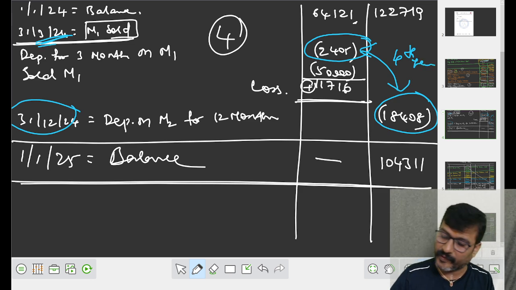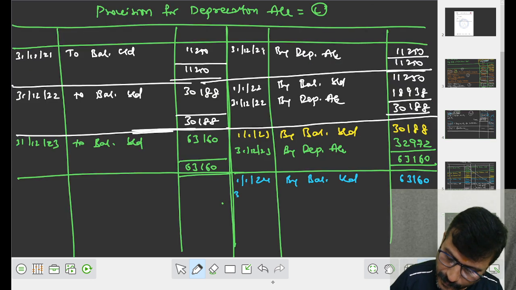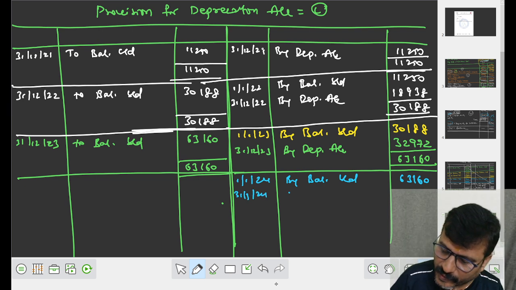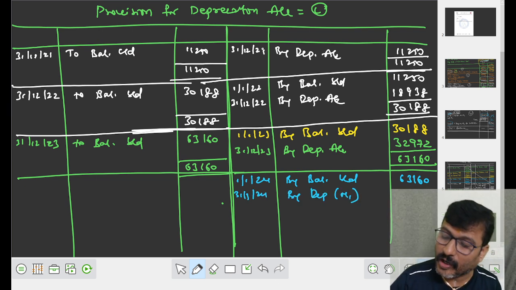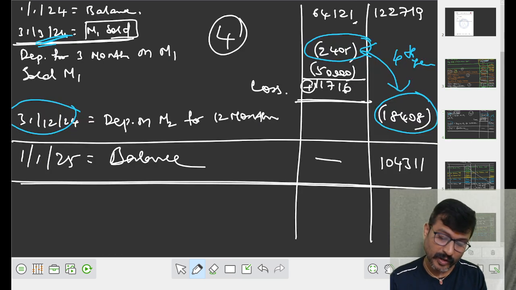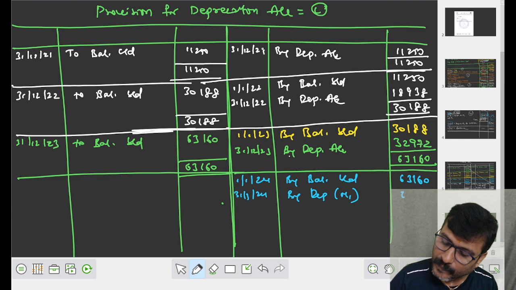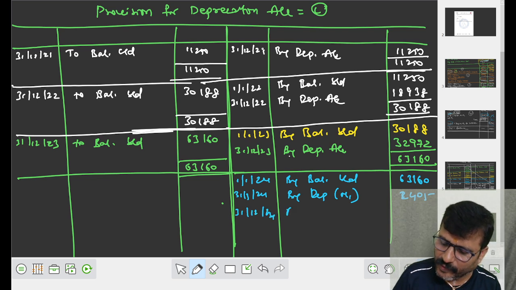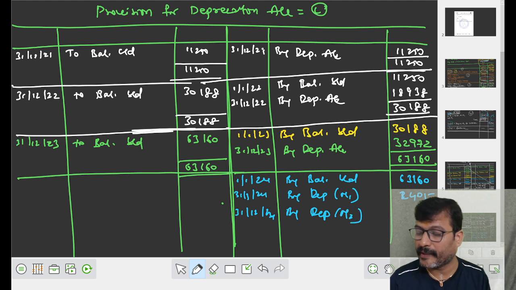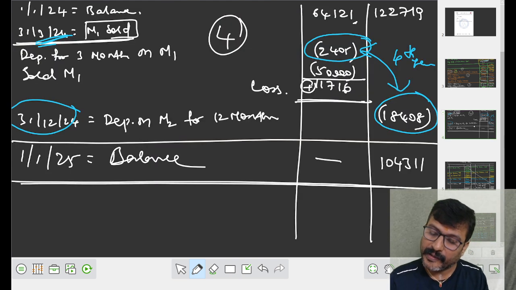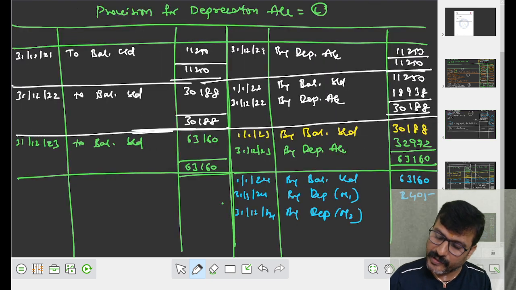On what date? 31st March 24. 31st March 24 by depreciation on M1, it comes to how much? 2,405. Then on December 24 by depreciation on M2, it is how much? 18,408.